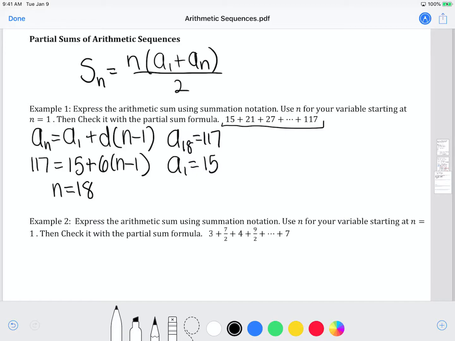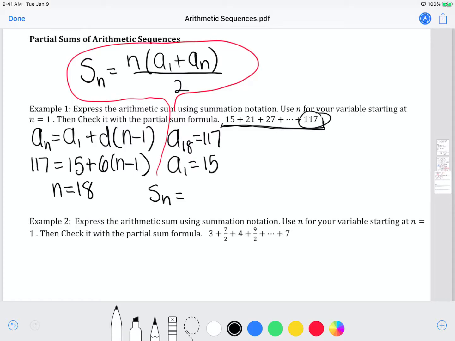So I can use my partial sum formula for arithmetic sequences, which is this formula here, if I want to find the first 18 terms, because I want all of these added up, and I know that 117 is the 18th term because we just figured that out.